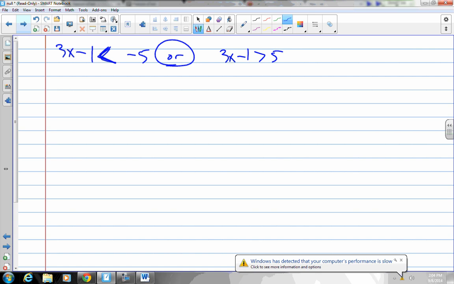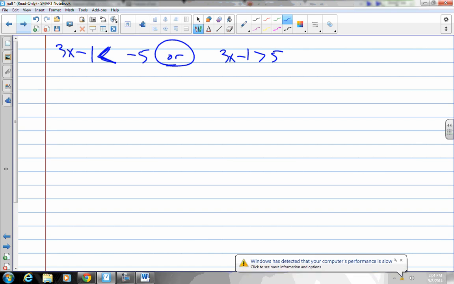Look it up. It should be in your notes somewhere. Union, or intersection. No. Union. Or is union and and is intersection. That's the thing that glues sets together.